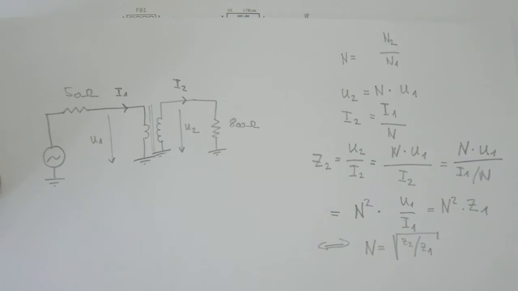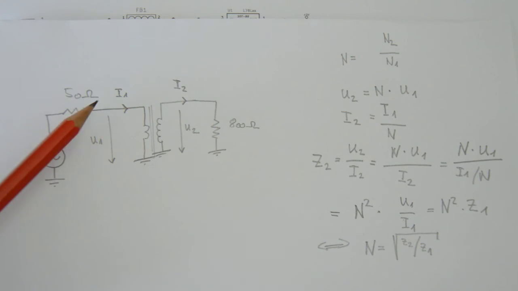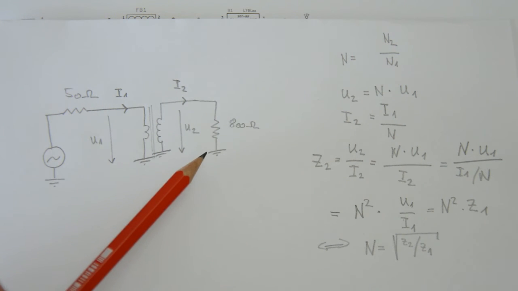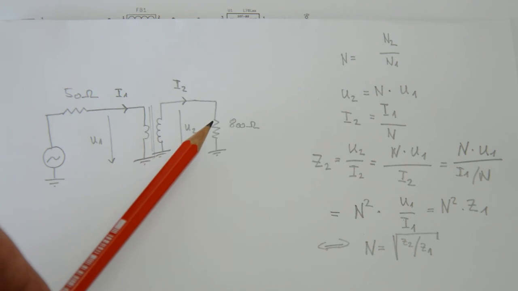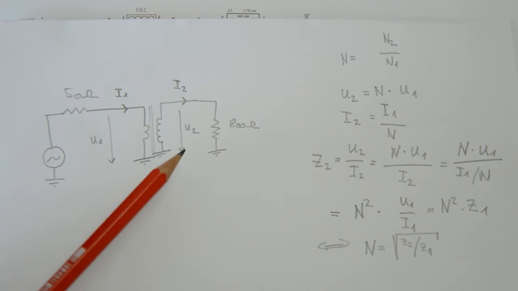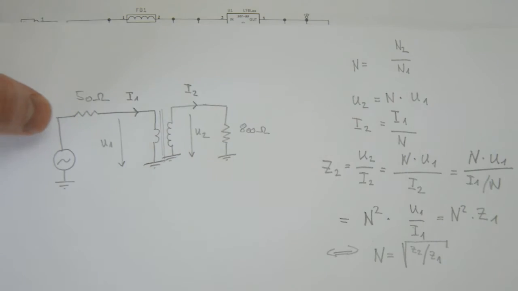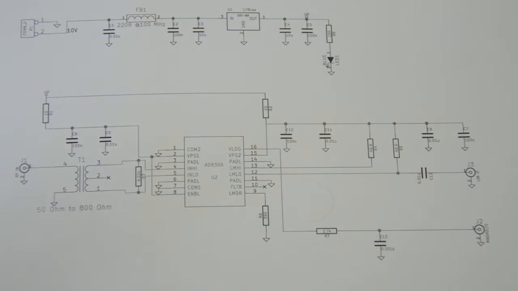And in the end, if you look at it, there is a generator here that's generating some signal and 50 ohms of source impedance. On the right side of things, there is 800 ohms of input impedance here, and these 800 ohms are actually the 1K of the chip in parallel with this roughly 4K resistor here.